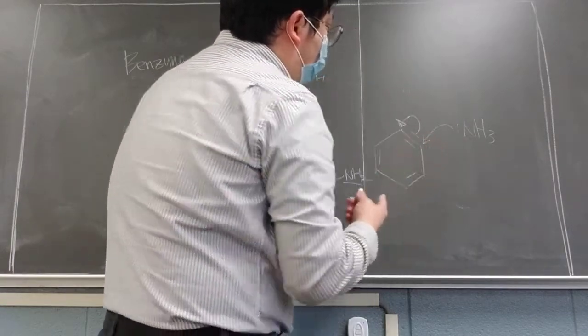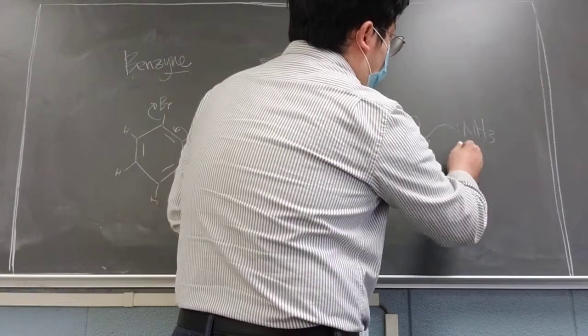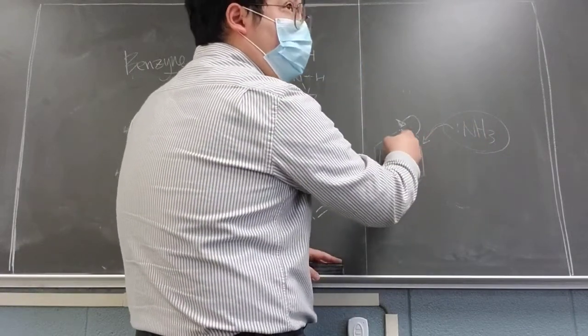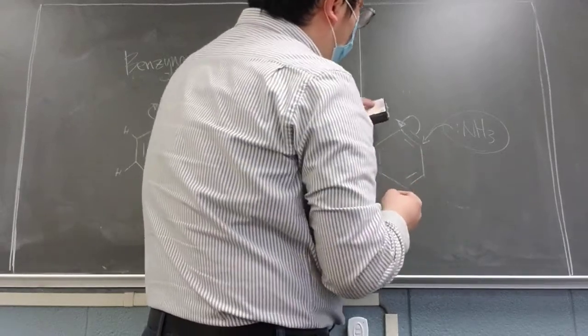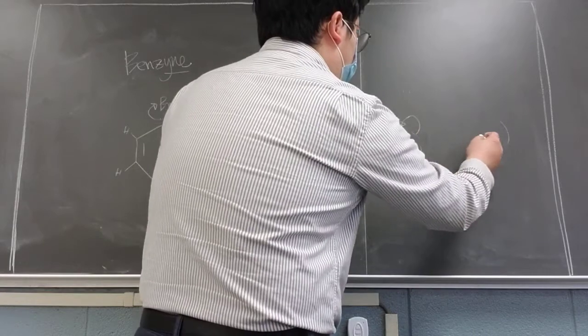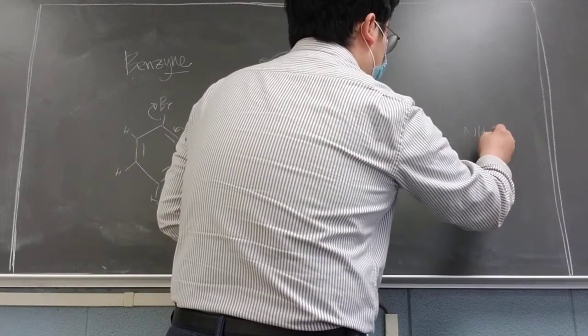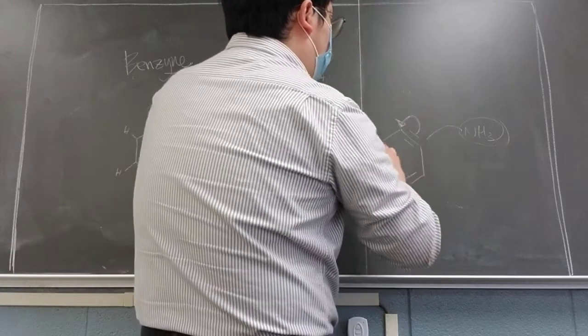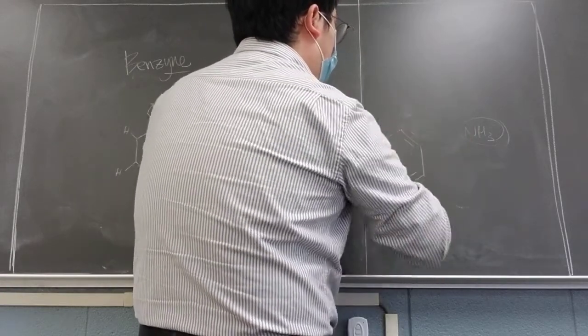Do you guys see this? Whenever you have groups on this benzene where you can find the triple bond, they can either do this way. They can either come here and make it over here, right? But how about we do the other way?